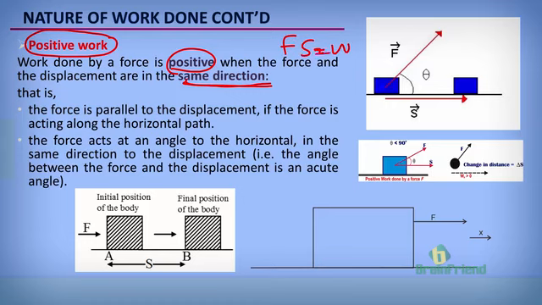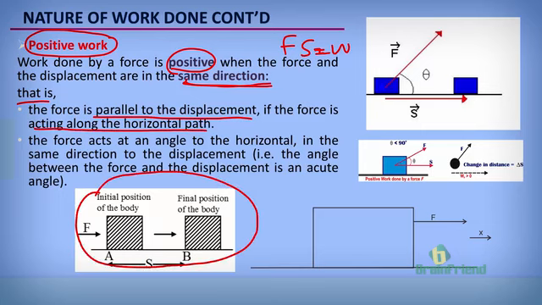So for work done to be positive, the force and the displacement must be in the same direction. That is, the force is parallel to the displacement. If the force is acting along the horizontal path, what do we mean? Take a look at this picture here.